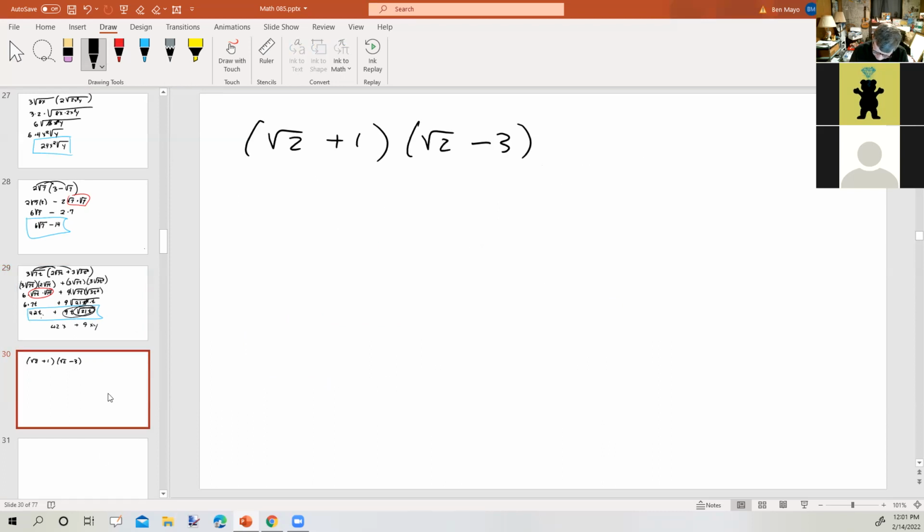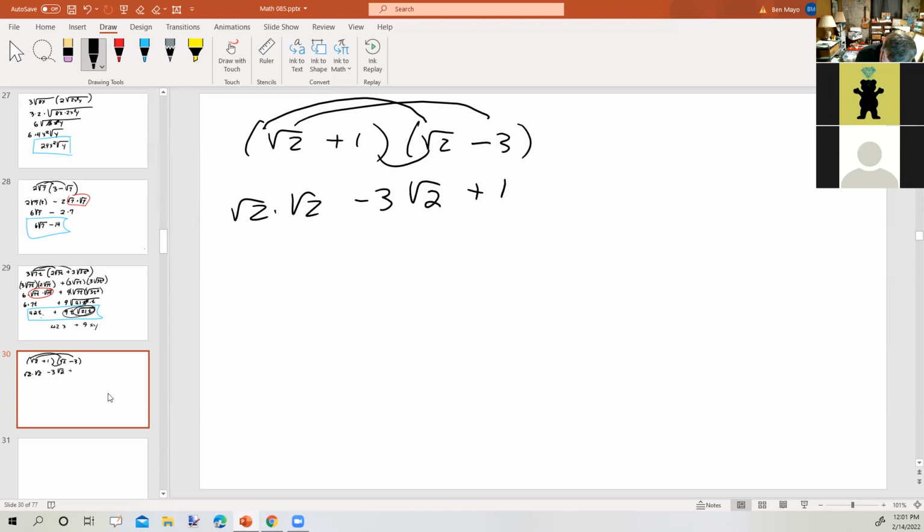All right, let's see. So distributing the square root of 2 times the square root of 2 minus 3 square roots of 2 plus 1 square root of 2 plus 1 times minus 3 is minus 3. The square root of 2 times the square root of 2 is 2.